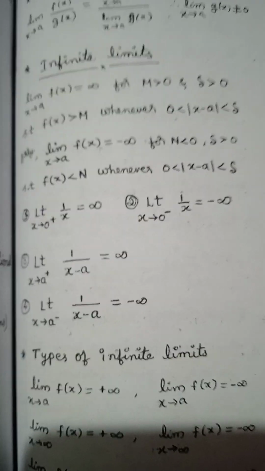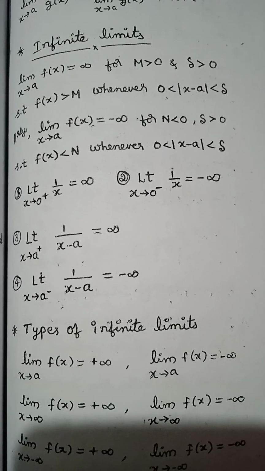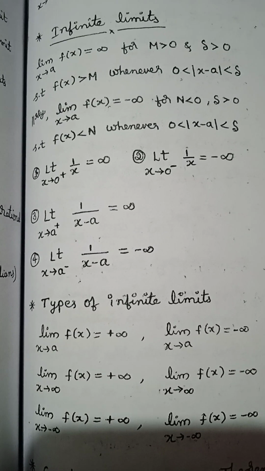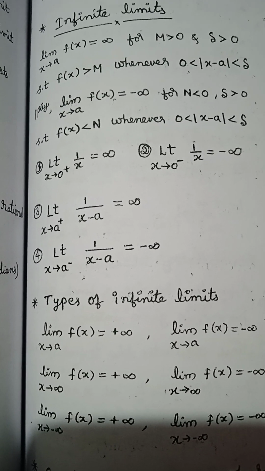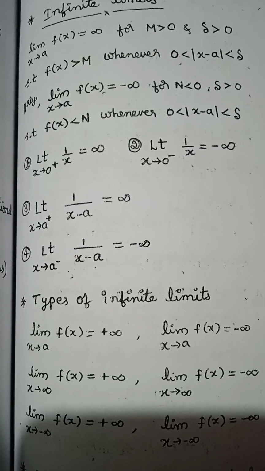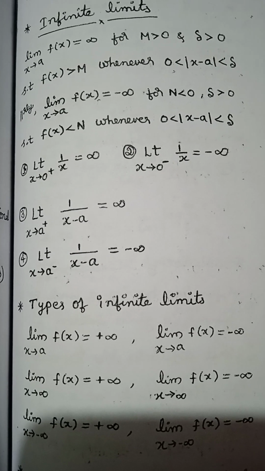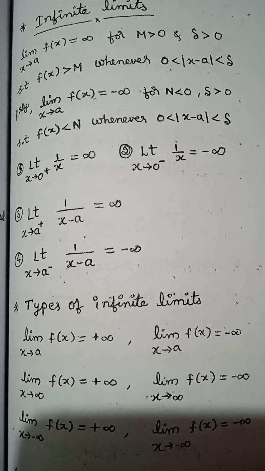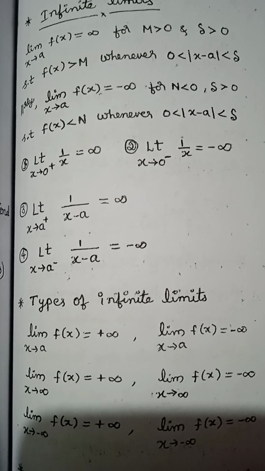We move on to infinite limits. Limit x tends to 0 plus 1 by x equal to infinity. Limit x tends to 0 minus 1 by x is equal to minus infinity.